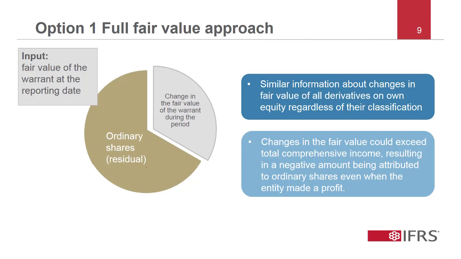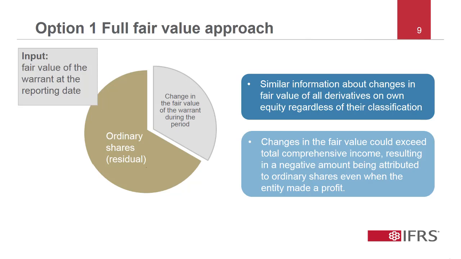IAS 33 effectively assumes that the warrant will be exercised immediately as long as it has a positive intrinsic value. Users of the financial statements could also use information about the fair value of derivative equity instruments for estimating the value of an entity's ordinary shares under this approach.